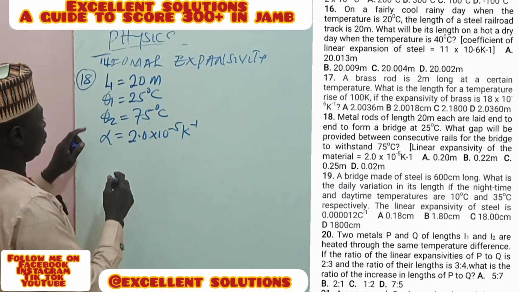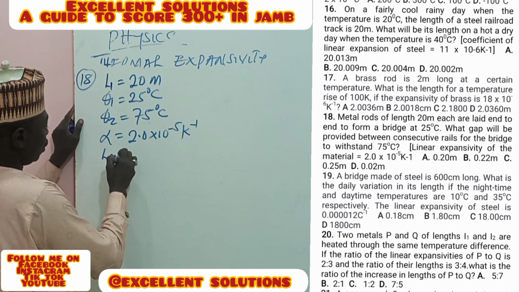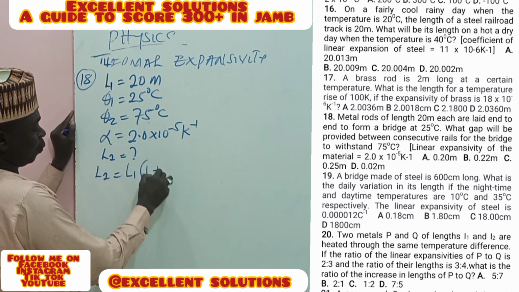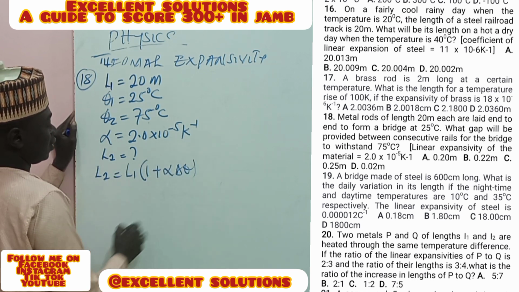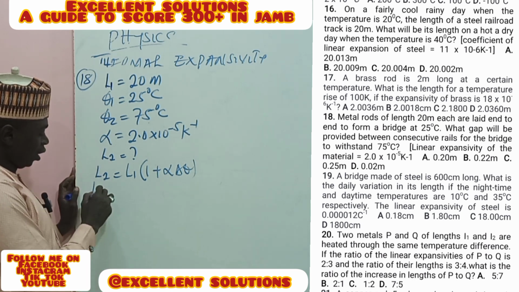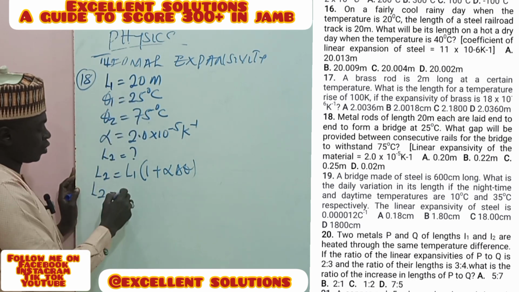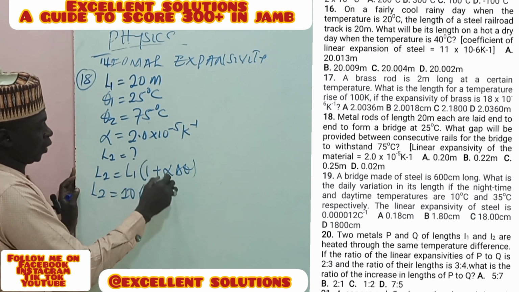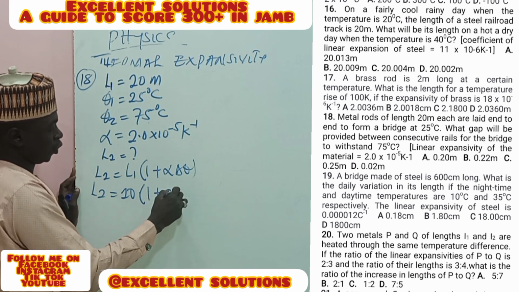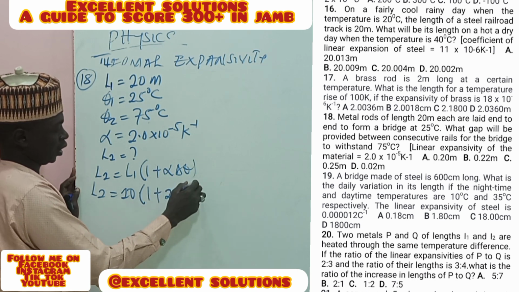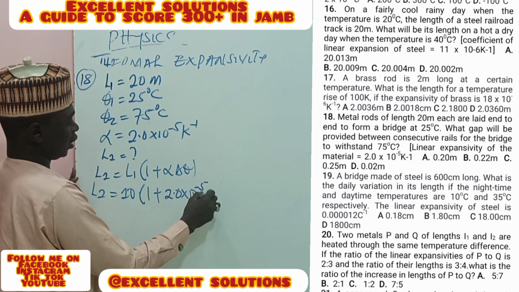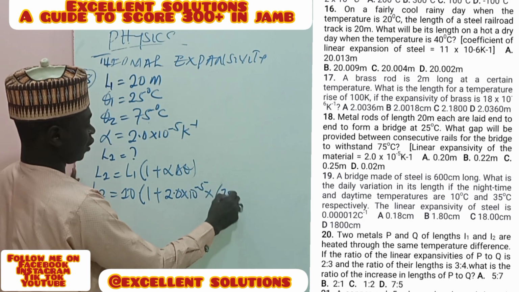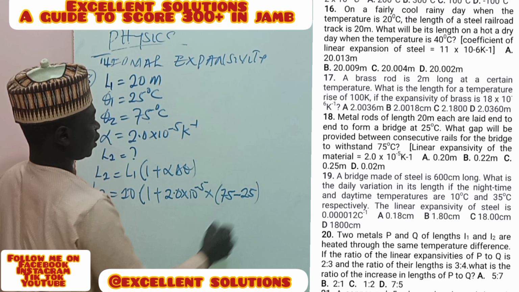So in this case, our L2 is unknown. Using L2 equals L1 open bracket 1 plus alpha delta theta, we now have L2 equals our L1, which is 20, open bracket 1 plus our alpha, 2.0 × 10^-5, times our delta theta, 75 minus 25.